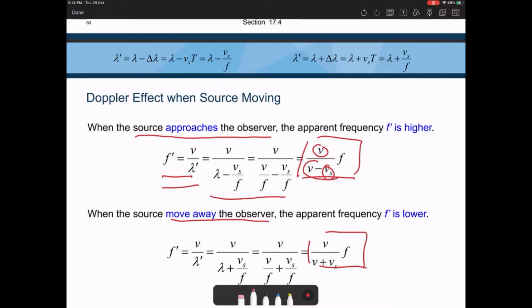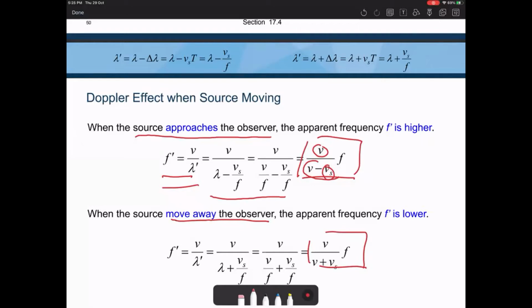So the apparent wavelength, yes, it can be changed by our movement. To the stationary observer, the wavelength could be changed. And actually, your classmate is asking a very good point. If you have the wavelength changed by the source, what will happen, for example, if the source is moving faster than the speed of sound?